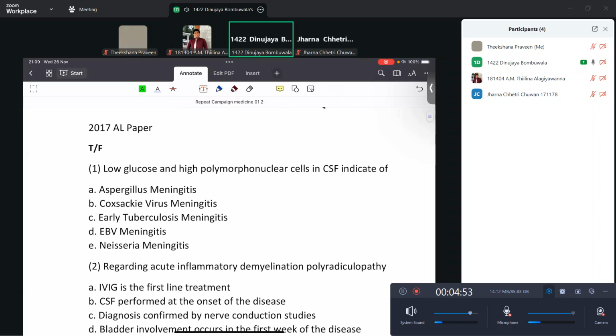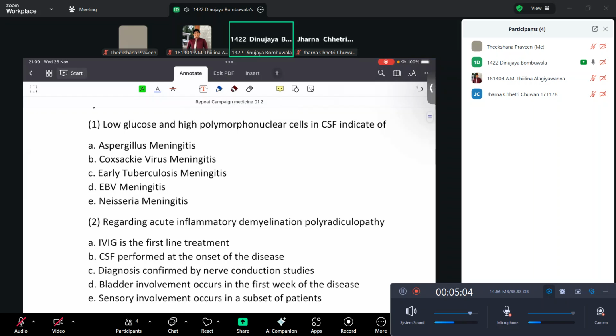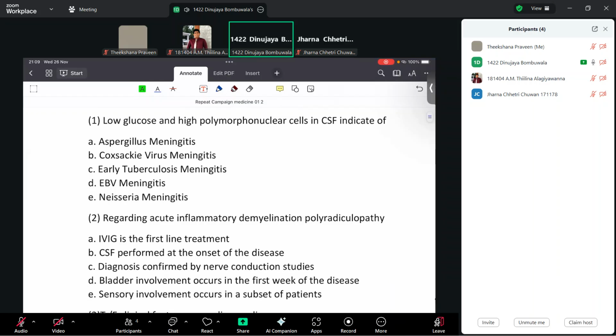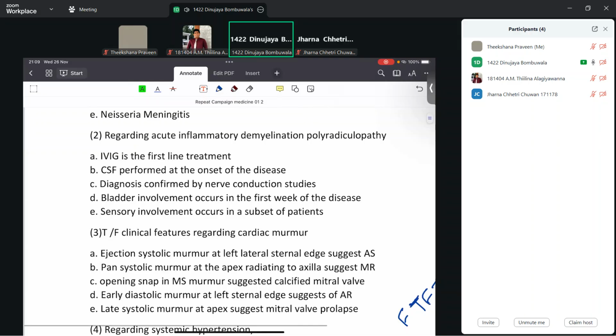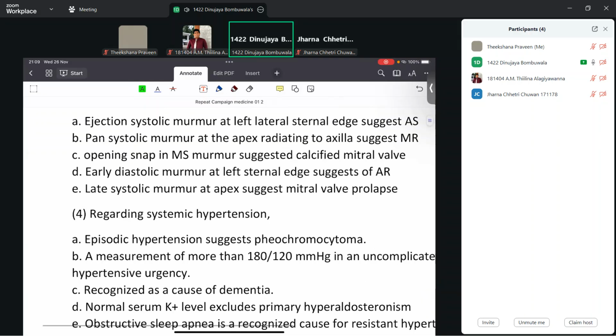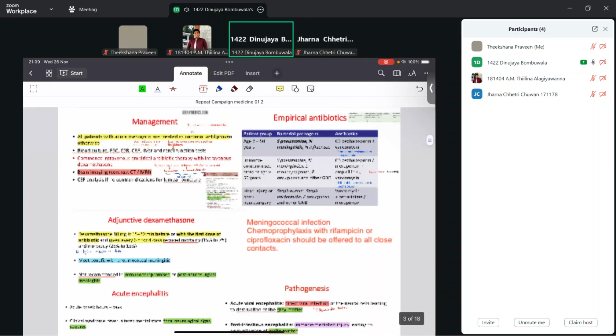So we'll go through the questions first. The first one has been asked about CSF, mainly the meningitis things, the second one about CIDP, the GBS kind of things, and then cardiac murmurs and hypertension, and radiological features. Those are the first five MCQs.